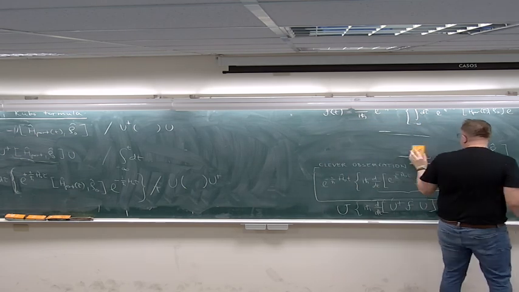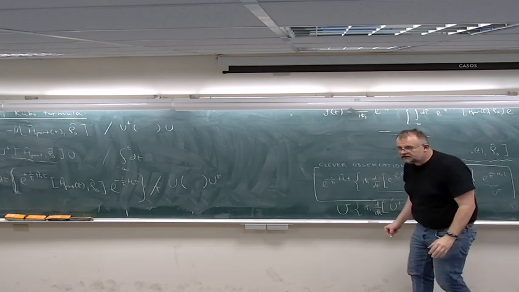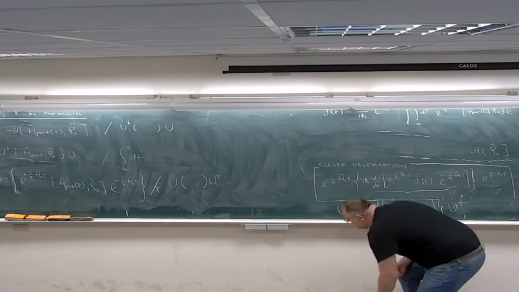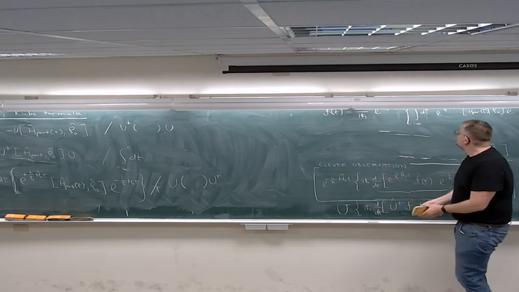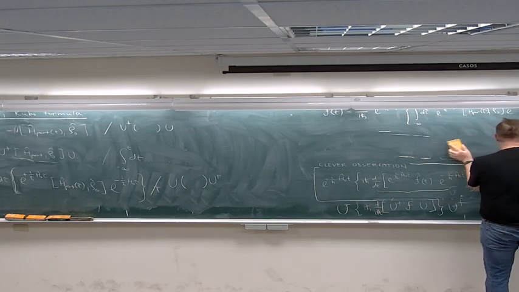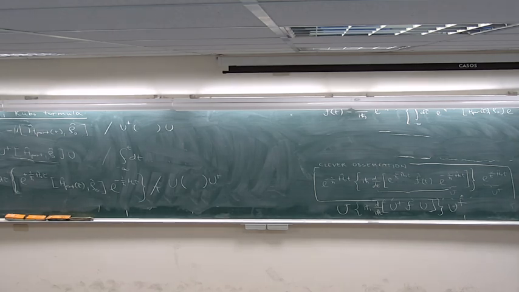Okay. Did you get what I was doing? Was it clear? Okay, you see it's too many letters, but effectively, in the Heisenberg picture, this equation was very simple. In the Schrödinger picture, it looks a little bit more complicated.